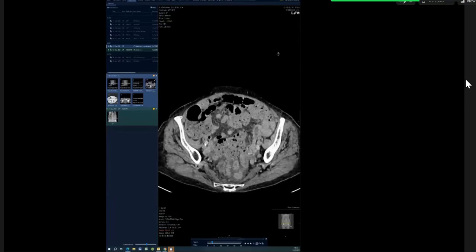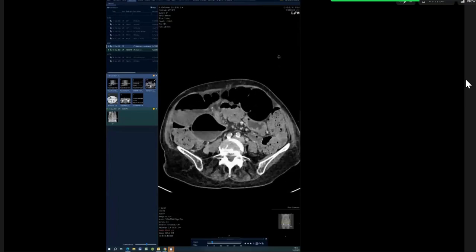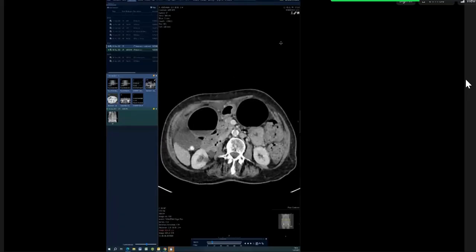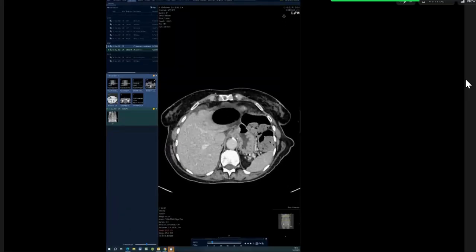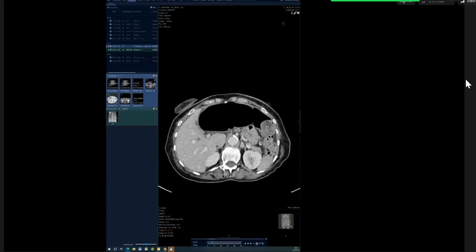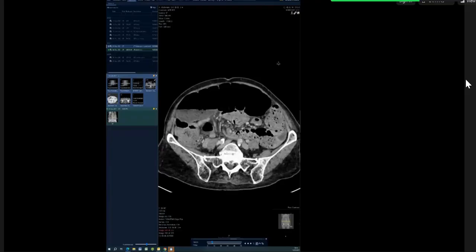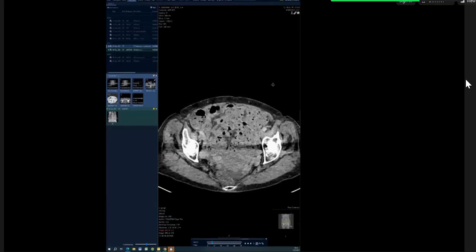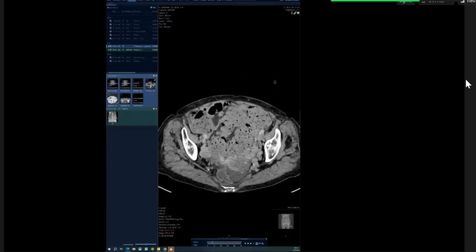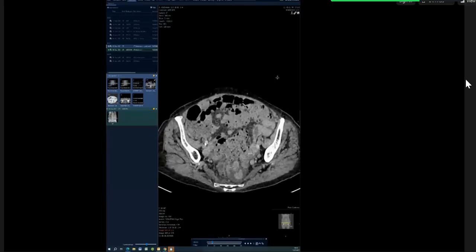You can see that the distal bowel, again the left colon is here. I can see that there is interruption of the dilatation. There is an area of narrowing in the bowel.